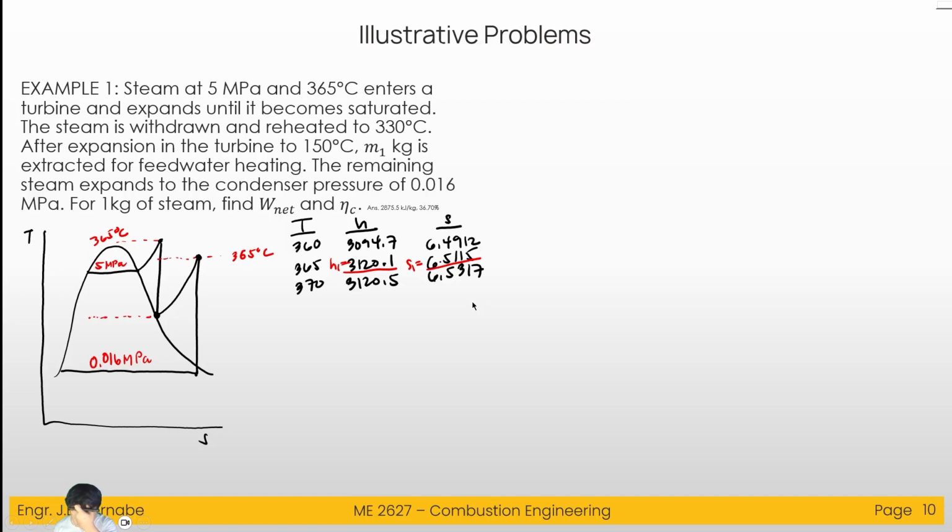The Sg is 6.5115, so that is around 1.24. The pressure is between 1.24 MPa and 1.26 MPa.